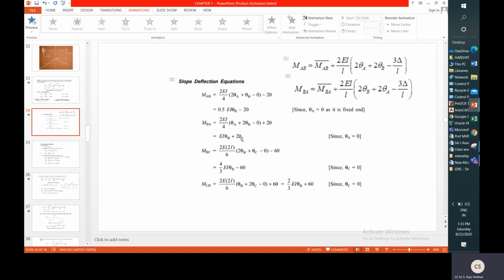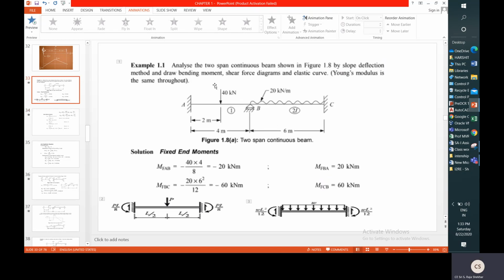Now for the span BC, similarly, I am writing the slope deflection equation. MBC is equal to 2EI by L. But here I is equal to 2I.